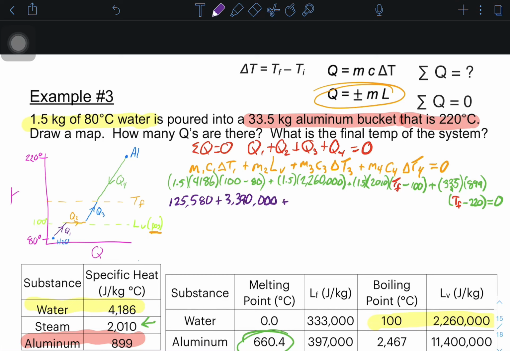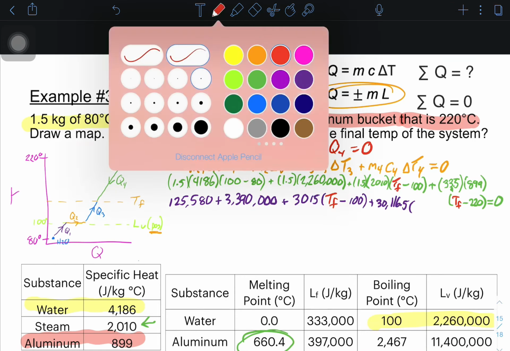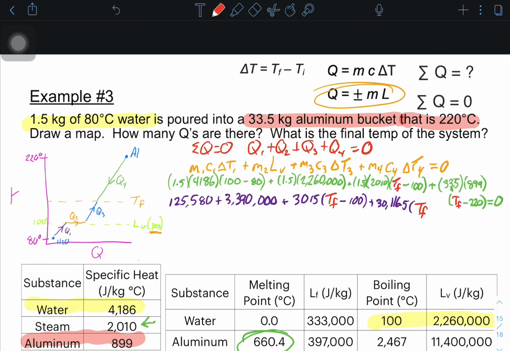For Q3, we're going to have to do some distribution here in a second, but we get 3,015 times TF minus 100, plus 30,116.5 times TF minus 220, which is equal to 0.